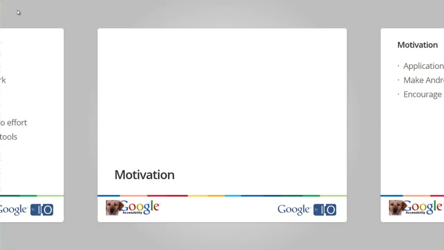So why is doing accessibility, or the way I look at it, building innovative user interfaces on a mobile platform like Android exciting? All of you know why Android is exciting in terms of it being an open platform and allowing a lot of innovation.